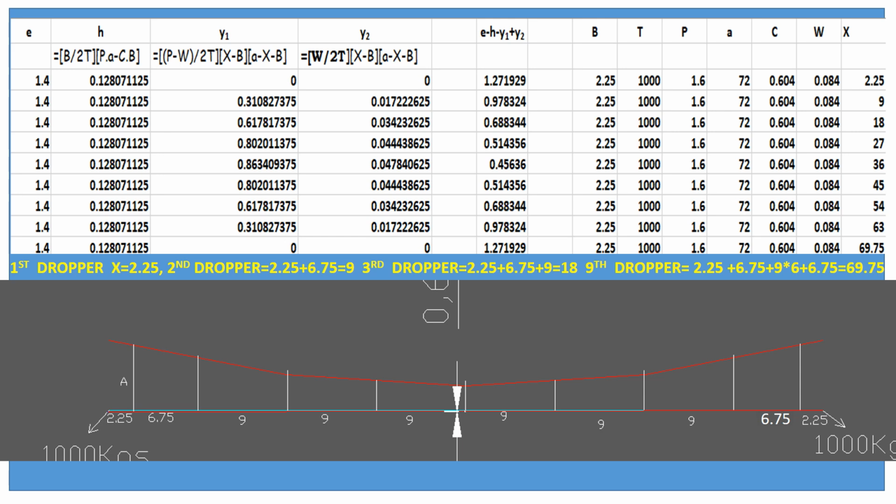We are discussing the dropper length and dropper spacing of INSPAN dropper.